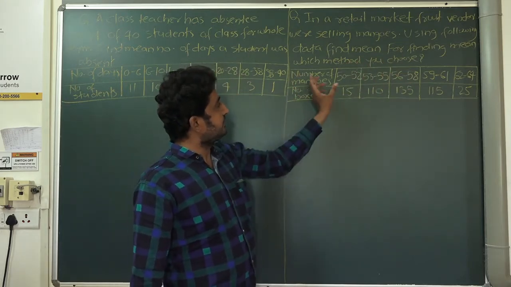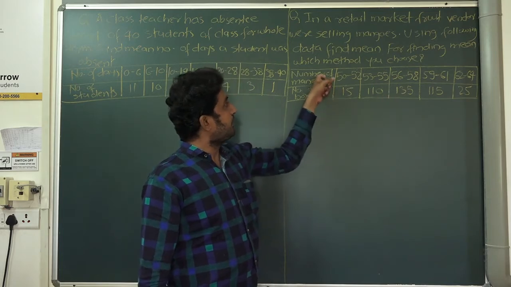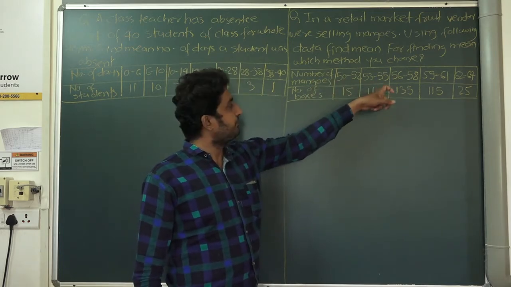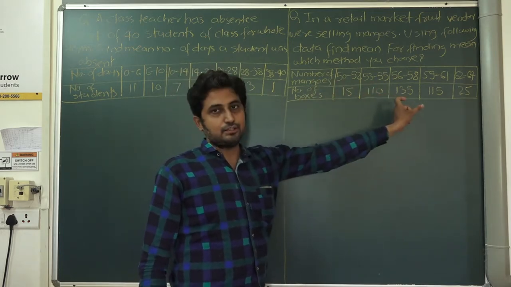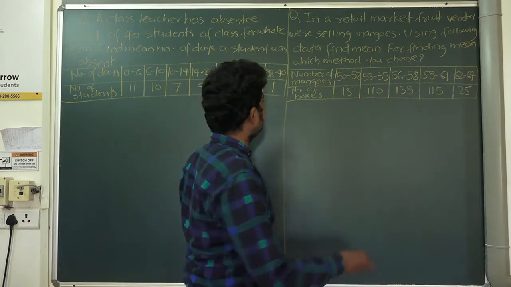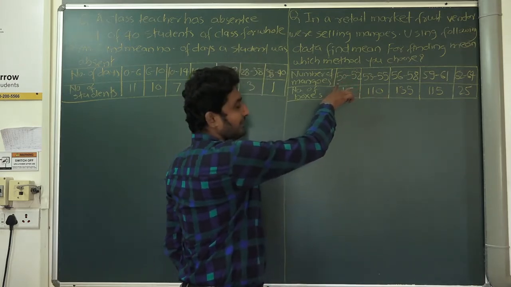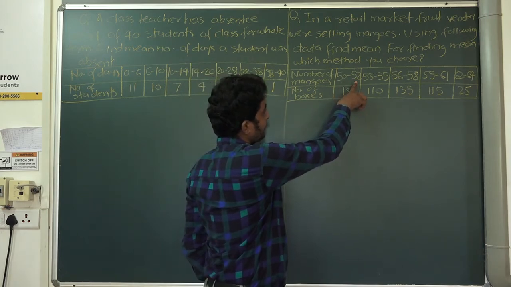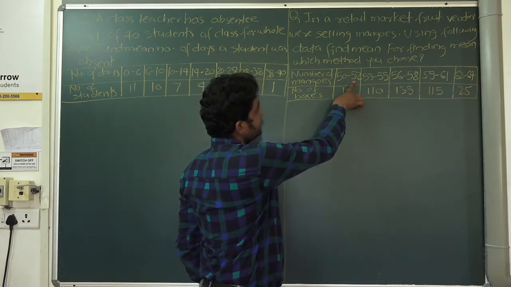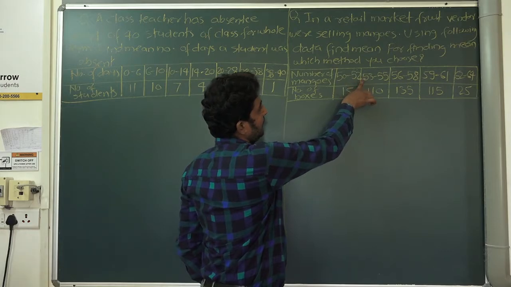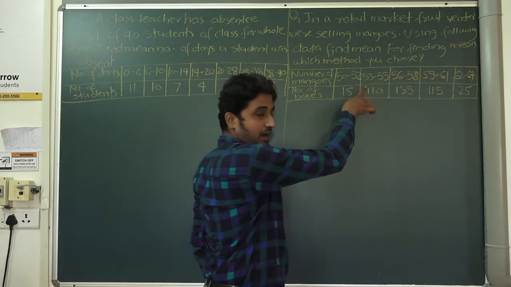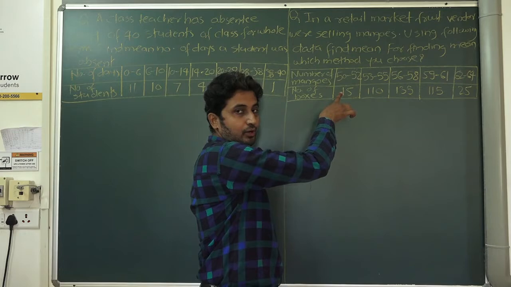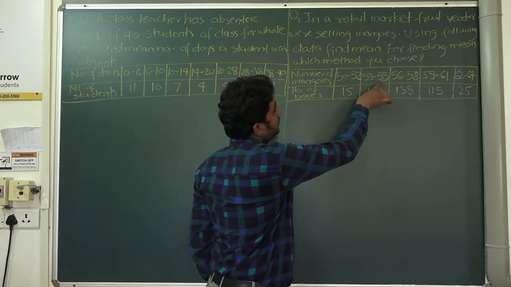Now dear students, the observations are given, the number of mangoes, and the number of boxes are also given. If you observe the class interval here, 50 to 52, the difference between these two is 2. Again 53 to 55, again there is a gap of 2.